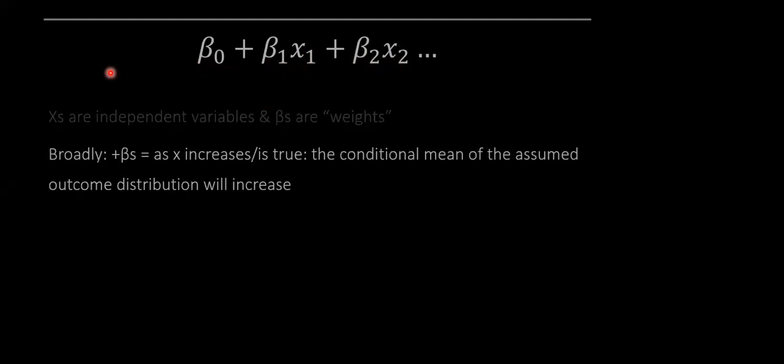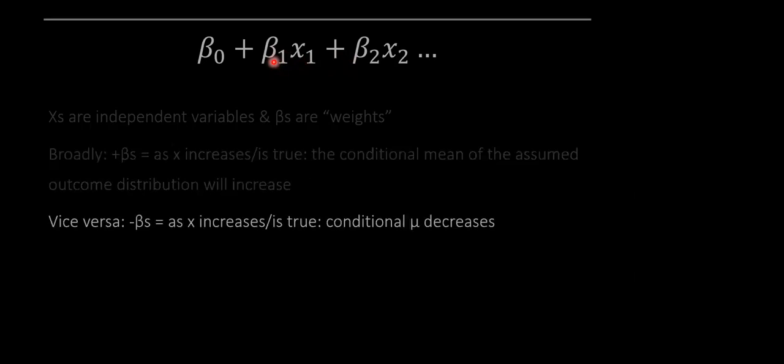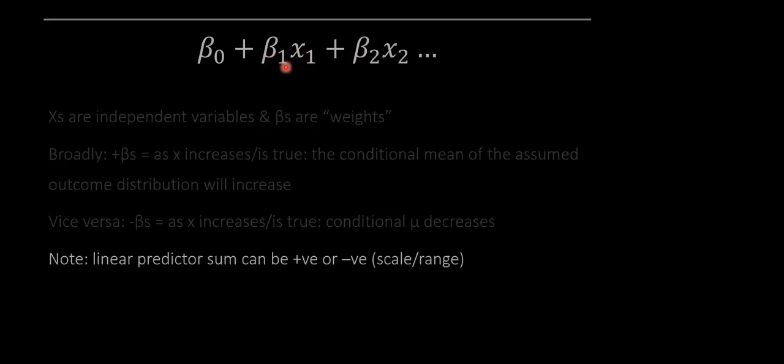Broadly speaking, if you've got a positive beta associated with a given independent variable, then as the independent variable increases, or is true for a categorical variable, and we'll come back to this with a concrete example, the conditional mean of the assumed distribution is going to increase, and likewise vice versa. If you've got a negative beta value, then the conditional mean is going to decrease as your independent variable gets higher or is true.